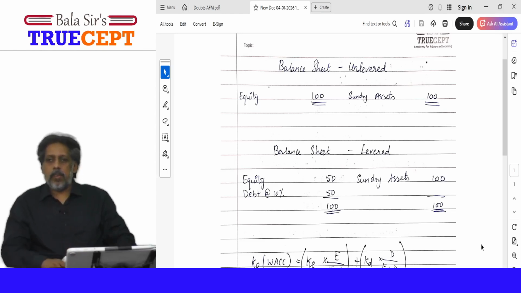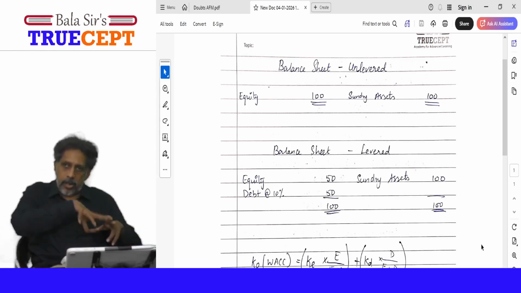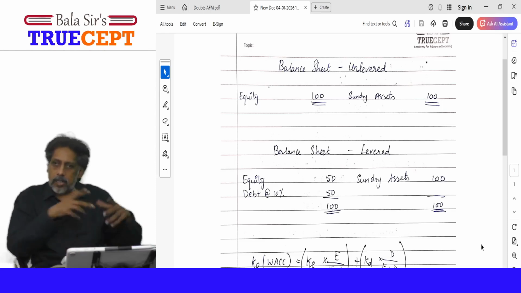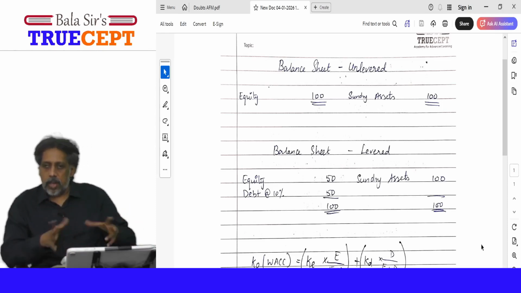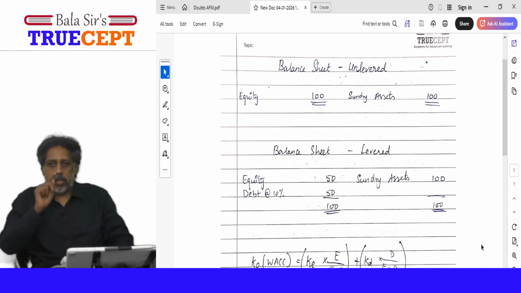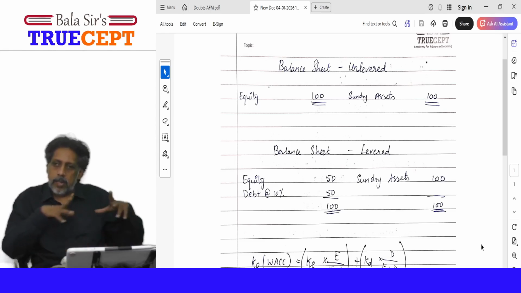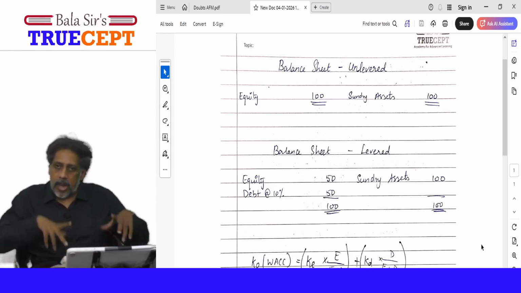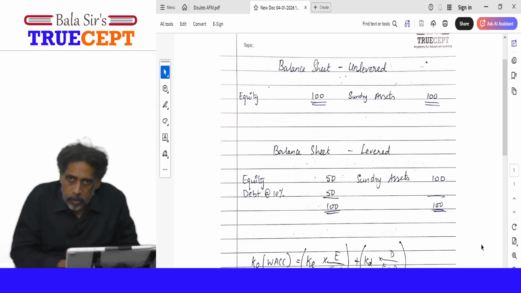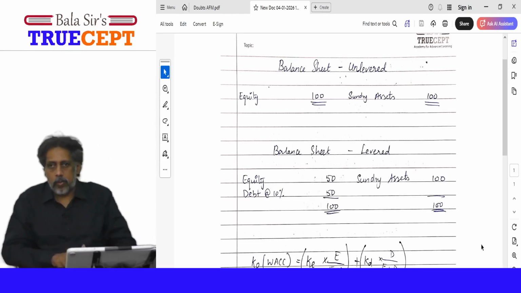Please remember, whenever the company employs debt, the return on the asset cannot change. In other words, the WACC will not change. If there is no tax involved, anyway the WACC will never change, because there is no tax benefit on additional debt. What is WACC?